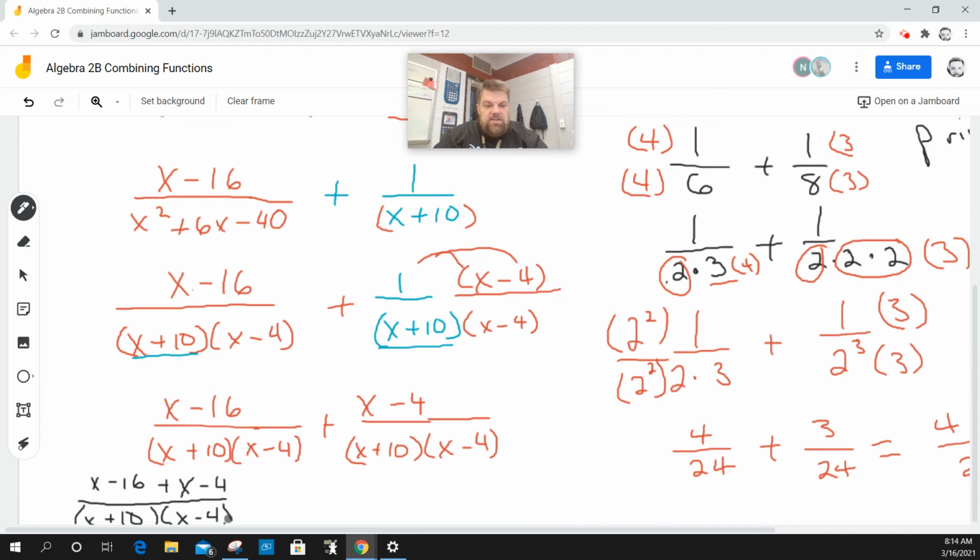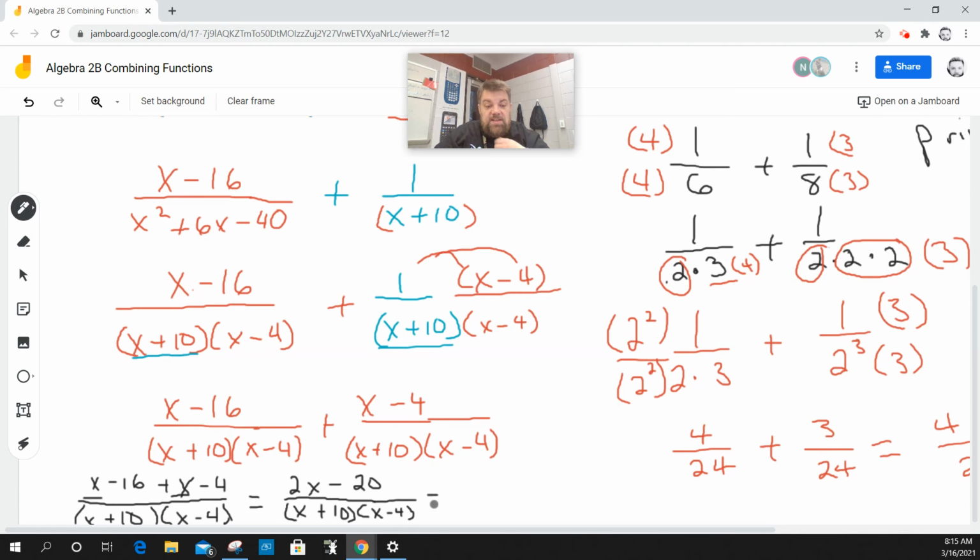Then I'm going to combine like terms. So this becomes 2x, because I have one x here and another x here, minus 16 and minus 4, which becomes minus 20, all over x plus 10 times x minus 4.